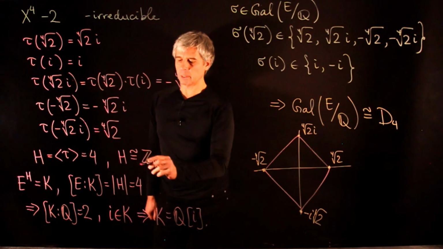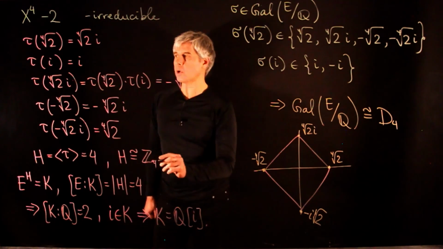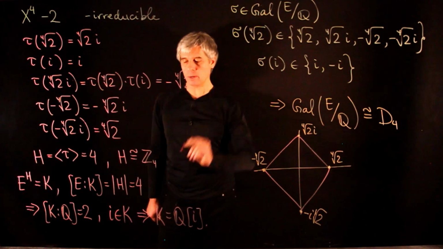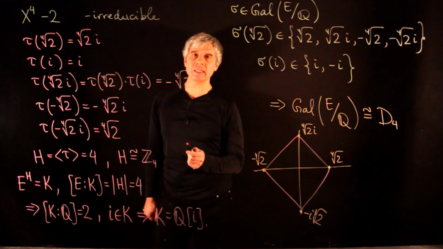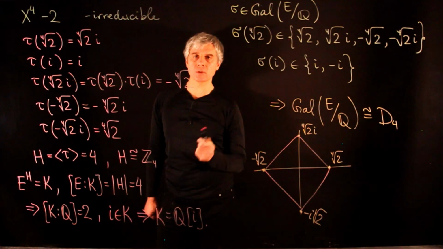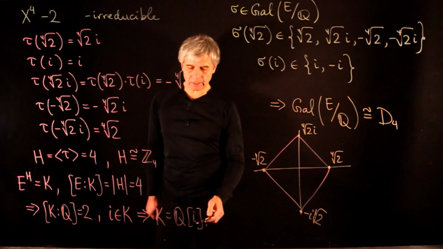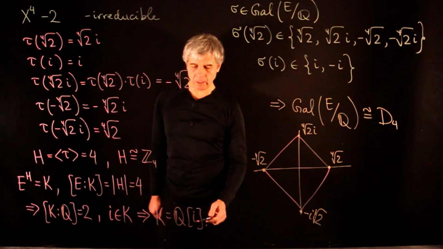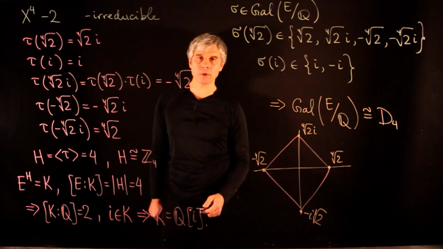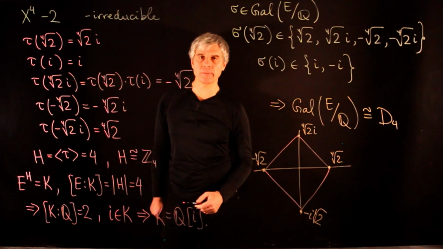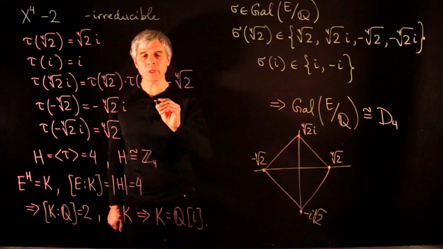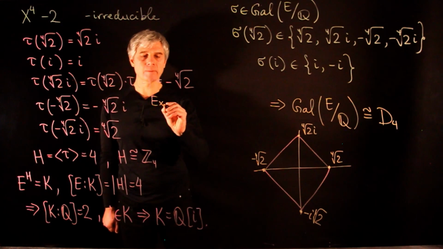We point out that the subgroup Z4 is normal in D4. This is because any subgroup of index 2 is normal in any group. And this is reflected in the fact that the field K, Q of i, is a normal extension of the field of rational numbers. And to conclude, I give you an exercise.